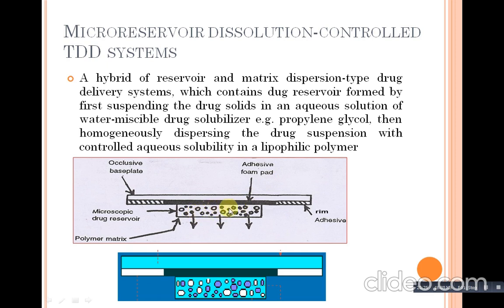It is one type of emulsion, such as a cream. So these water droplets act as micro reservoirs, and the continuous phase is nothing but the lipophilic polymer matrix. This is a combination of a reservoir system as well as a matrix system, so this system is called the micro reservoir type system.